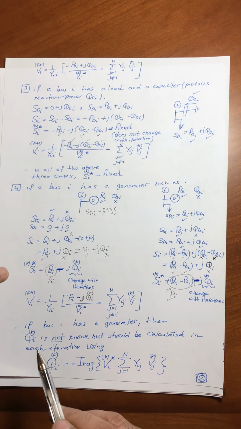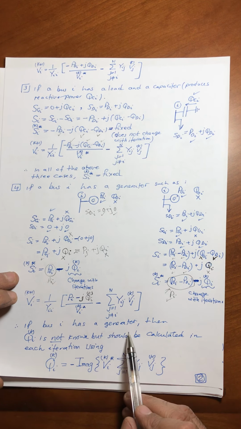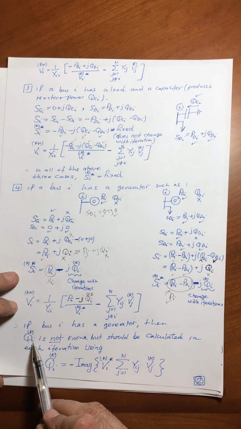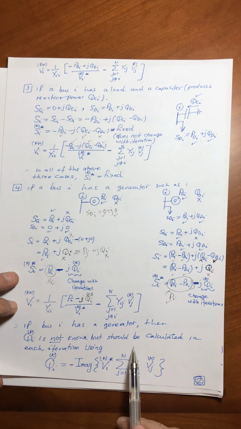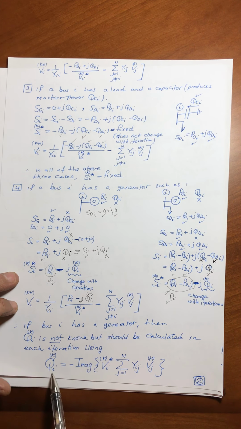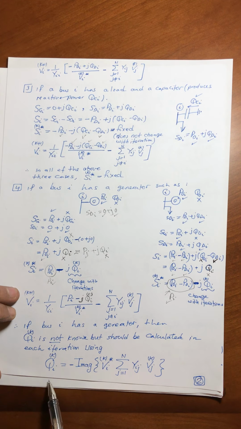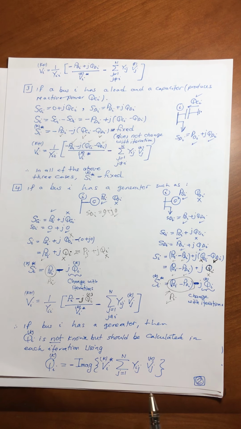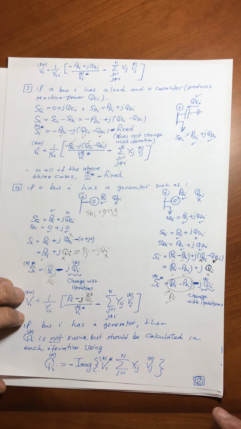So in conclusion, if bus I has a generator, then QI of iteration K is not known, but should be calculated in each iteration using the equation we derived previously in the course. Probably in the last class, or maybe one class before the last class.